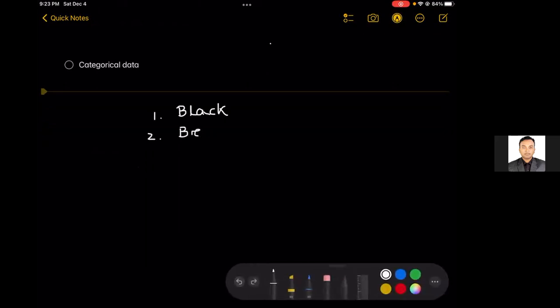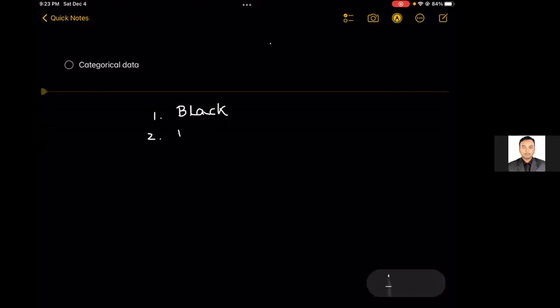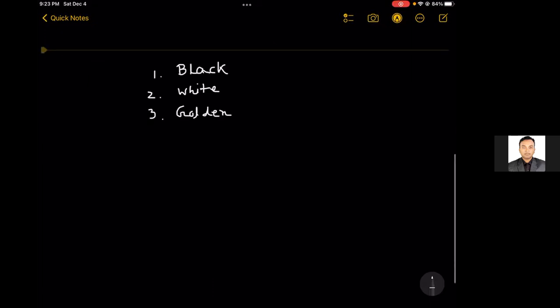Or no, I think brown is not a good option. Maybe white. That means blonde hair color, right? Maybe you can do golden, right? And we can have different hair colors. Or we could have red, right? Often we see red, not really red, but kind of reddish. I guess we call it brunette, right? If I remember precisely.